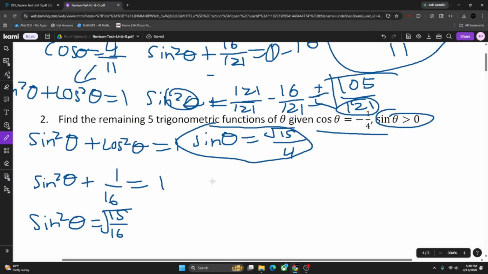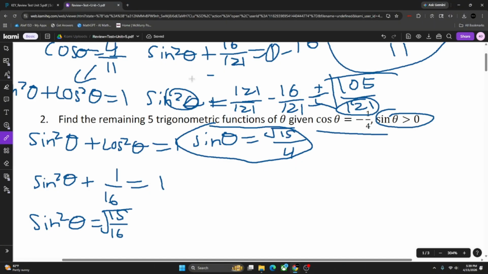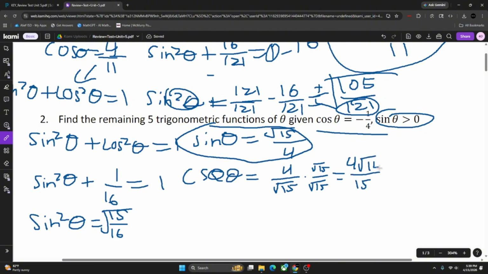The opposite of sine is cosecant, so you just flip it around. That's pretty easy. So it's 4 over square root of 15, and then rationalize, giving us 4 square root of 15 over 15.